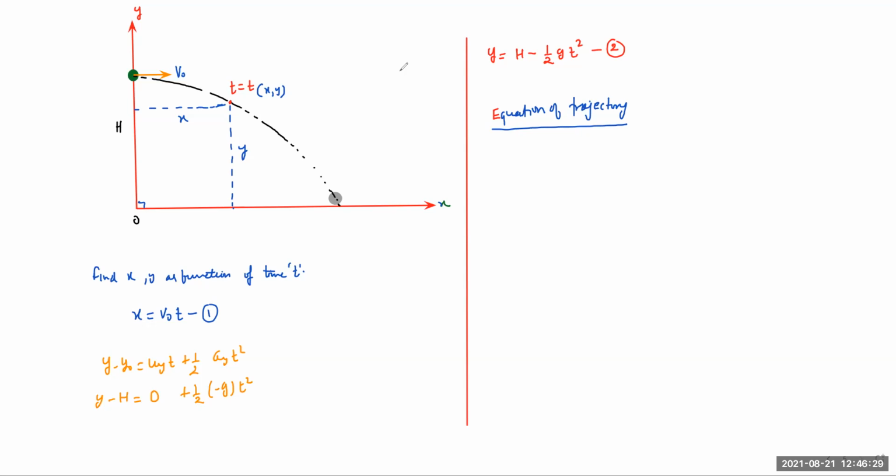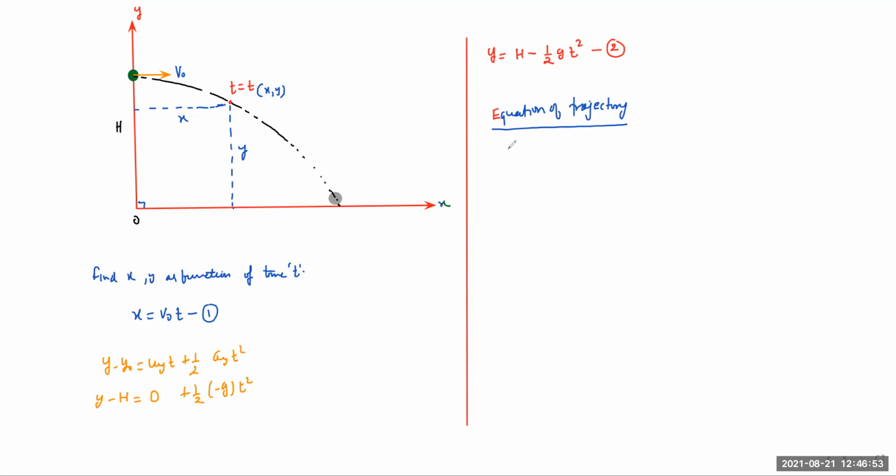So go ahead and derive it. Or you need to revise the entire concept of trajectory. You need to go back to the lecture also, because you have lost the sense of that entire concept.